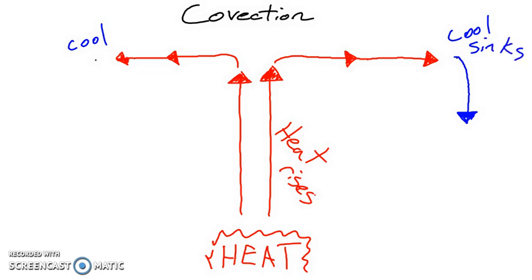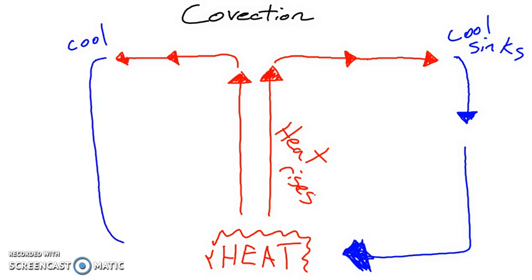So it's going to drop. It's going to sink. And it's got nowhere to go except head right back. Ugh, ugly arrow. Head right back to the heat source. And once it hits this heat source, it's going to heat right back up and move up. So we're going to hit this cycle. It's just going to keep going over and over again. All right?